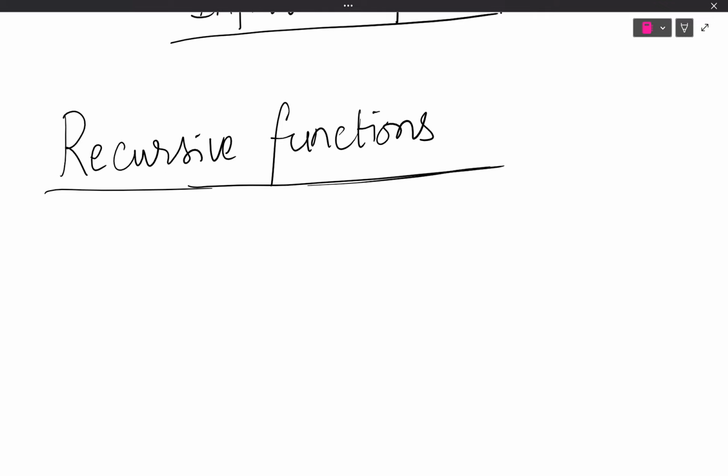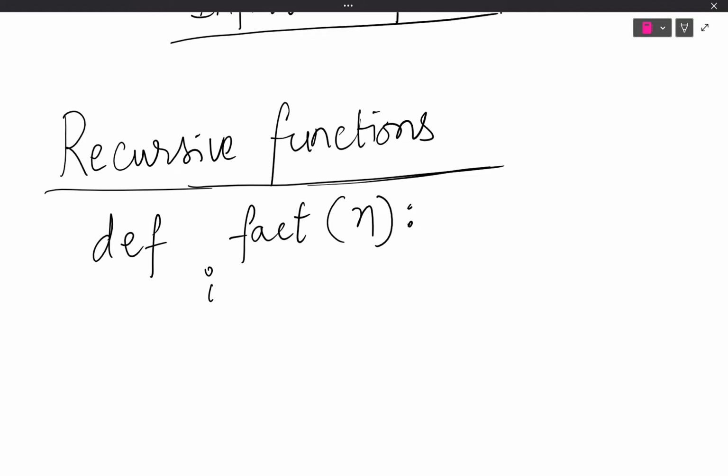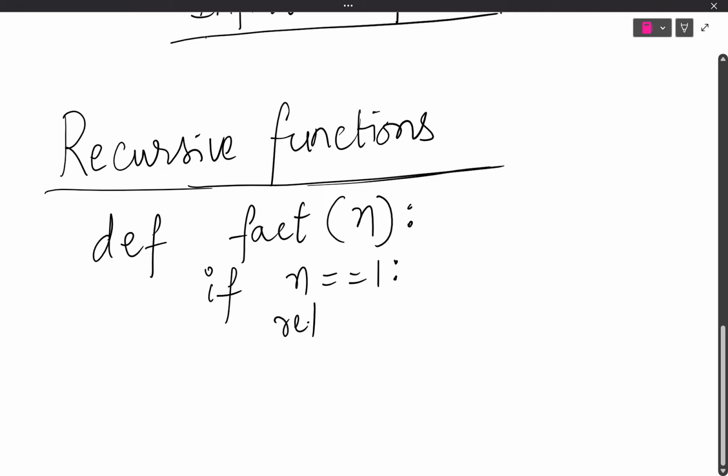Now let me write that factorial function in Python. I will write def fact. It takes one parameter, that is n, fact of n. What is first? I must take care of the base condition. What is the base condition? Either you can stop at 1 or 0. If n equal to 1, return 1.